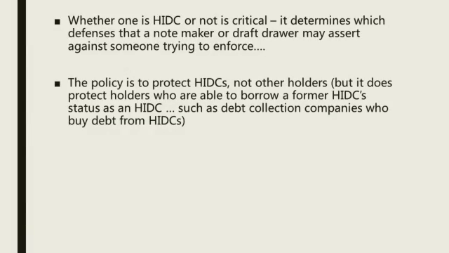The idea is, to a certain degree, we really want to protect holders in due course and give them special rights with regard to collecting debt where they are innocent of any shenanigans or any problems that surrounded the making of that underlying debt.